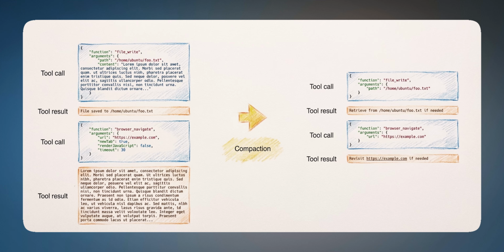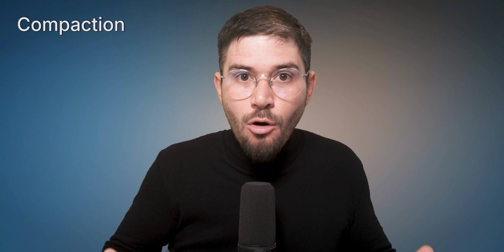Instead, the history should just contain references, just like this one. The information, the code, is not lost. It exists in the agent's file system, and if the agent needs to read or modify that code later, it can use a file read tool to load it back into context on demand. This way, you have compacted the history without losing any data.